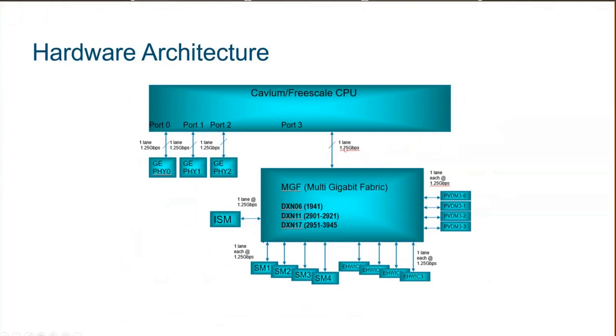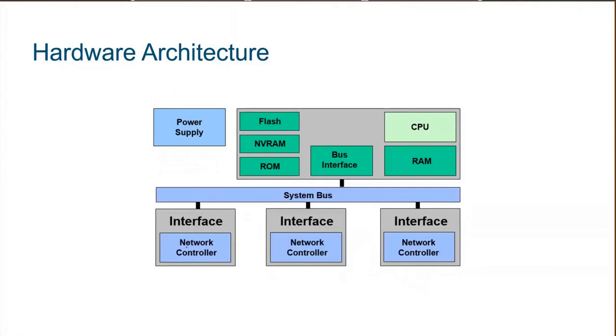This has a 1.25 Gbps internal link to the CPU, and there will be 3 ports that are added into the device. They'll be connected to the multi-gigabit fabric, similar to the ISR 4K model. So this is the hardware connection point of view.